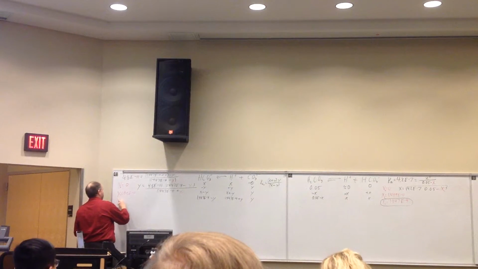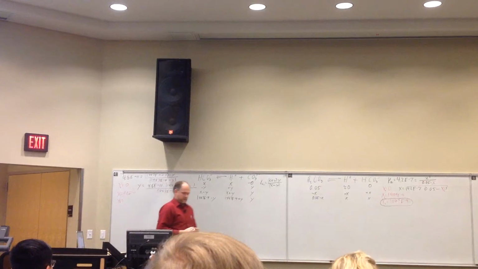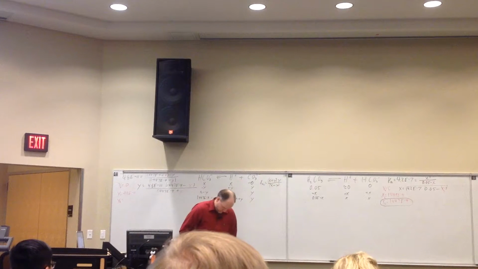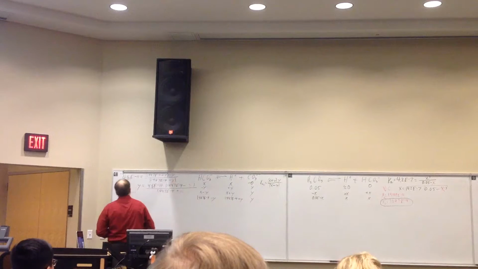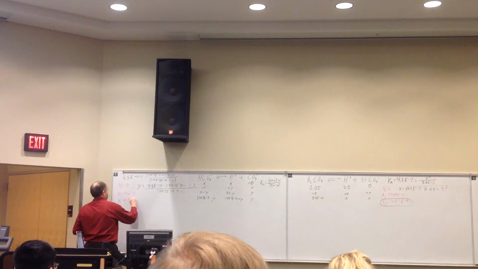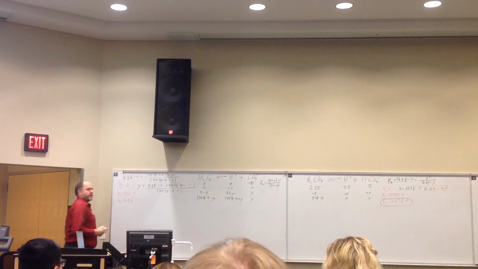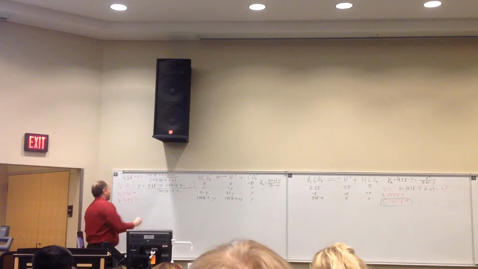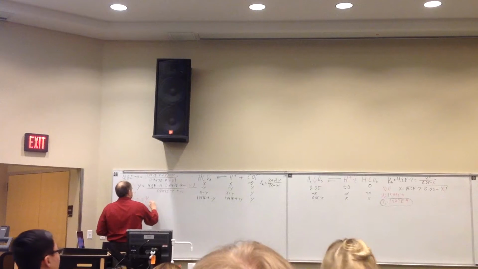And I'm going to get a second y. I just want to check to see what I get. And I get, again, to 2 sig figs, 4.8 times 10 to the minus 11. That is equal to Ka2.